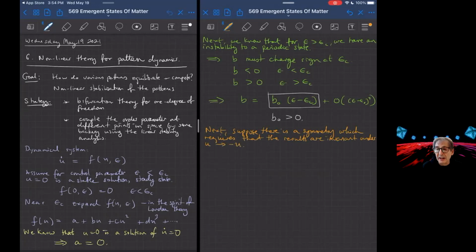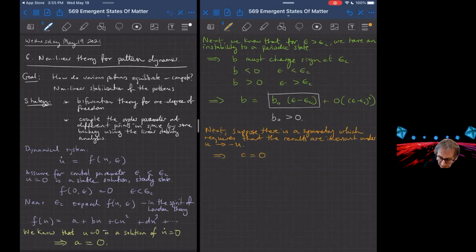And we saw that, of course, in the case of a magnet, where the magnet Hamiltonian is symmetrical, at least at 0 field, under all the spins being reversed. And so if we write the free energy in terms of the magnetization, it should only involve even powers of the magnetization. And so what that means is that if our equation has to be invariant under u goes to minus u, then the term c must be equal to 0.